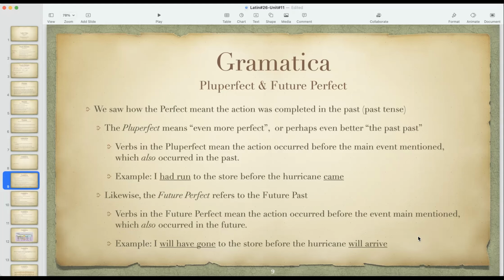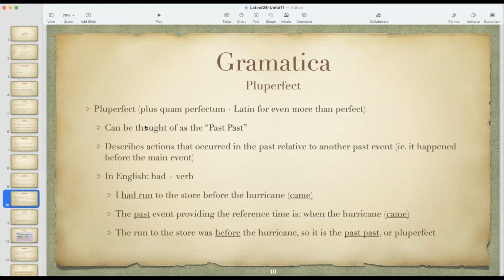But before the hurricane arrives, since we have the before in there, that is understood in English as being in the future. I debated whether to say before arrives or what. In fact, you'll see some of my examples later on where I struggled with that a little bit. But essentially it's the same. Okay, just making sure.